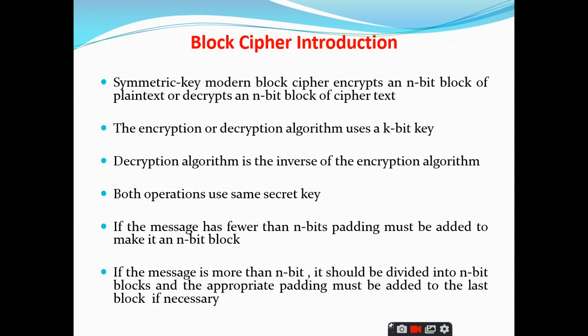Yes, sir. Right. So coming to the introduction of the block cipher: a symmetric key modern block cipher encrypts an n-bit block of plaintext or decrypts an n-bit block of ciphertext. Conceptually there is not much difference between the block cipher and the character cipher.